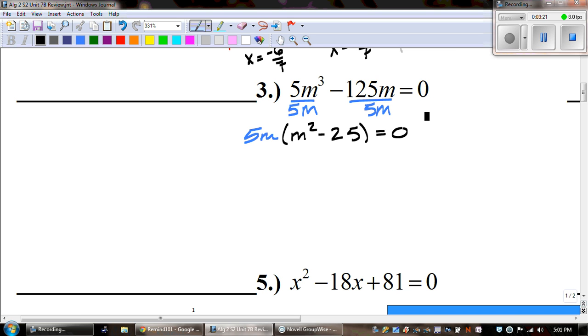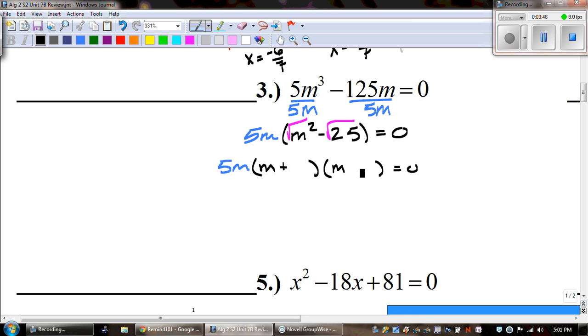Now, the m squared minus 25, can I break that down even more? Well, yeah, that's the difference of two squares. So I'm going to take the square root of both of those. Don't forget about that 5m, that's still there. The square root of m squared is m.